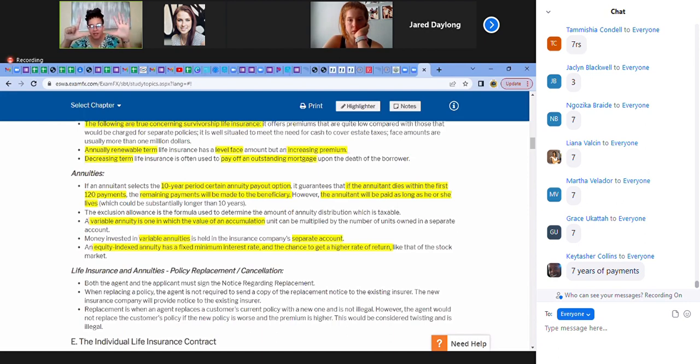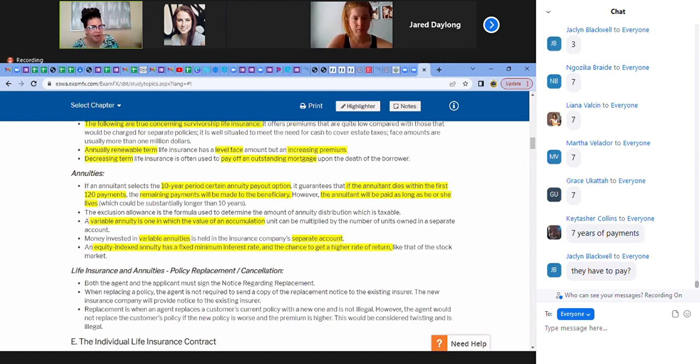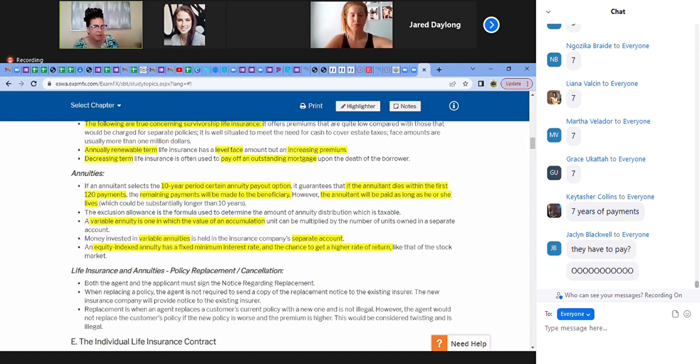So it's 7 years left. If I receive 3, it's 7 years left. You got that one now? The annuity company now has 7 years of benefits they would give to my beneficiary. Got it. Okay, perfect.